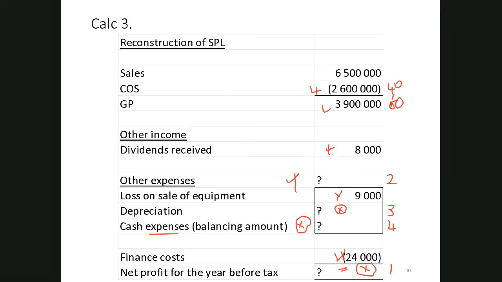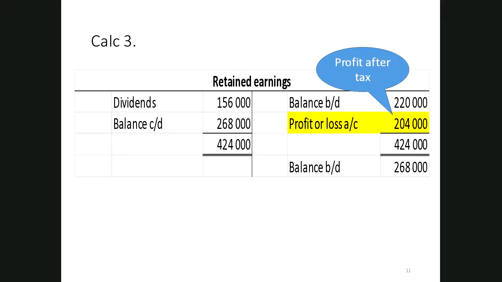The easiest thing that makes sense to me is to reconstruct the SPL. So to work out the net profit, you're going to have to reconstruct the retained earnings account. The retained earnings account has an opening balance. Remember, this is equity at the beginning of the year of 220,000. And at the end of the year, we have retained earnings of 268,000. So those balances are given to us.